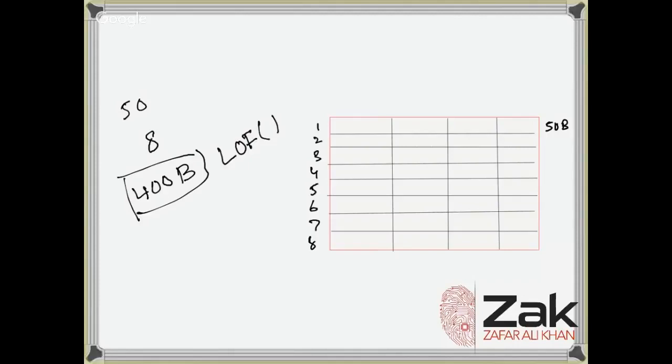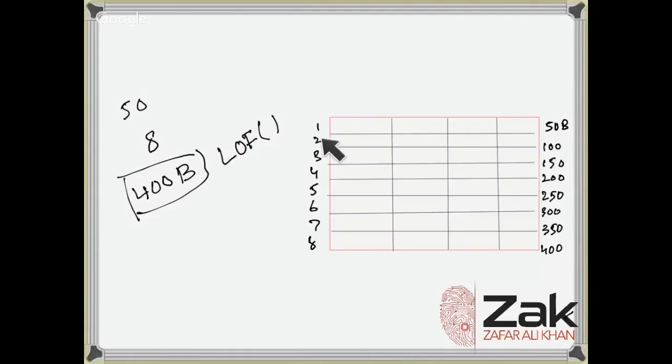Okay, this is the length of the file. So this is 50 bytes, this is 100, this is 150, this is 200. This is the marker of the start of a new record. 250, 300, 350 and 400.